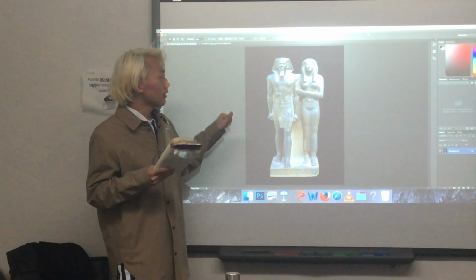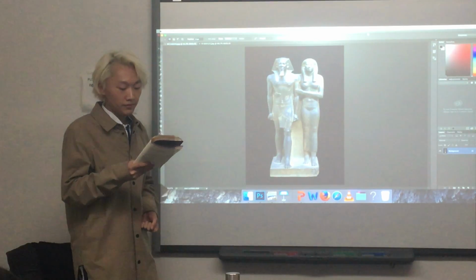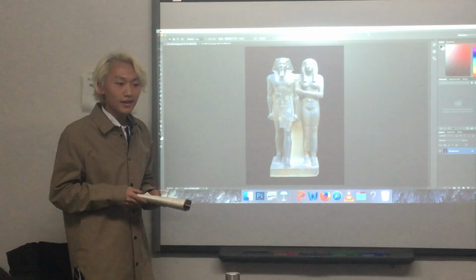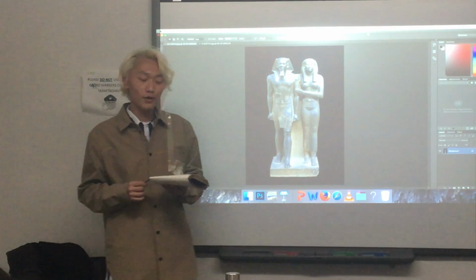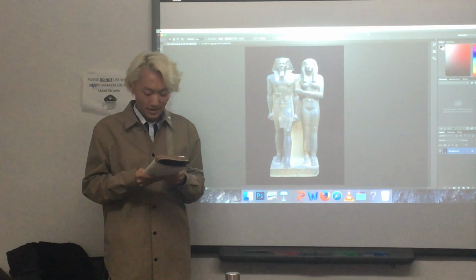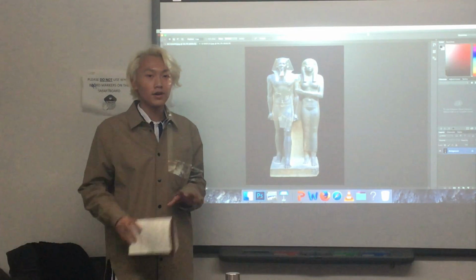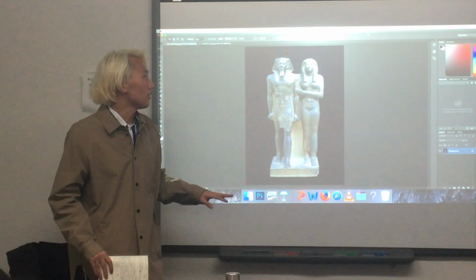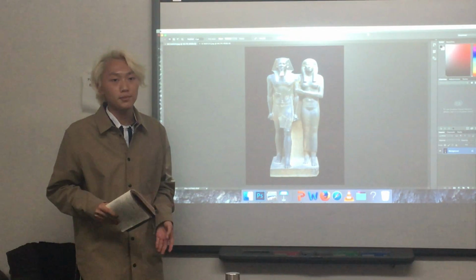He's wearing a Nemes headdress, which is really common in Egyptian pharaoh statues. The headdress and the false beard are used to showcase his kingship.